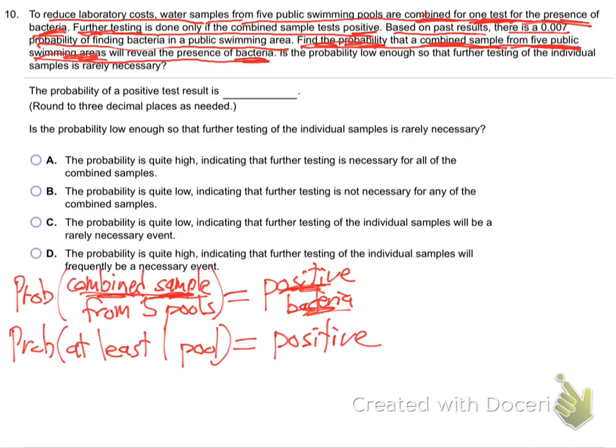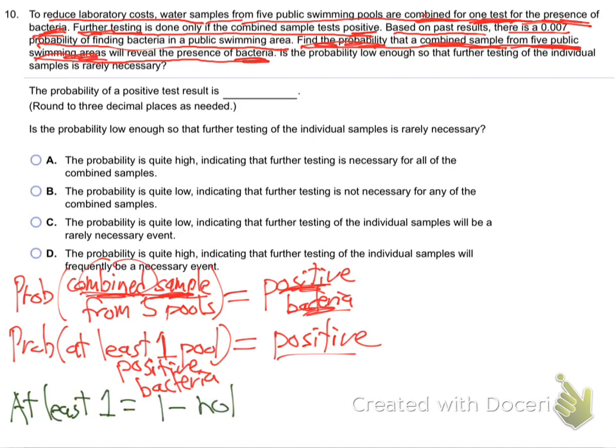Because if at least one pool has bacteria in it, when you combine the samples, it'll come out positive. So if one or more of the pools is positive for bacteria, then the whole combined sample will be positive. So that means it's an at least one question. We know how to do at least one. At least one, how do you do at least one?